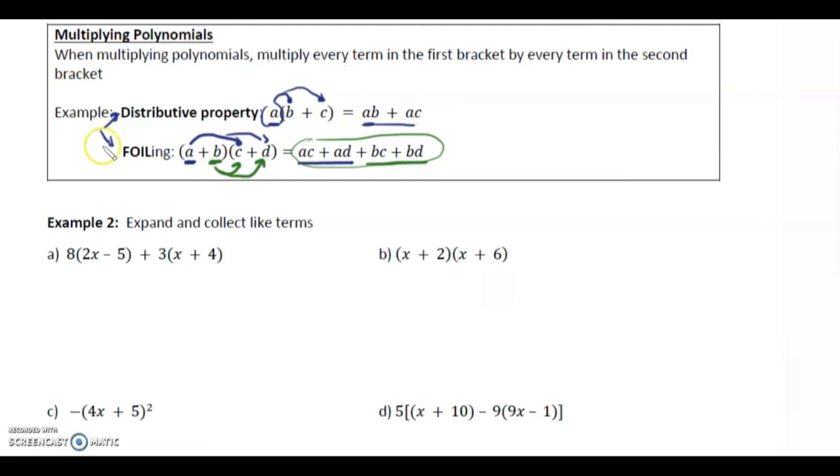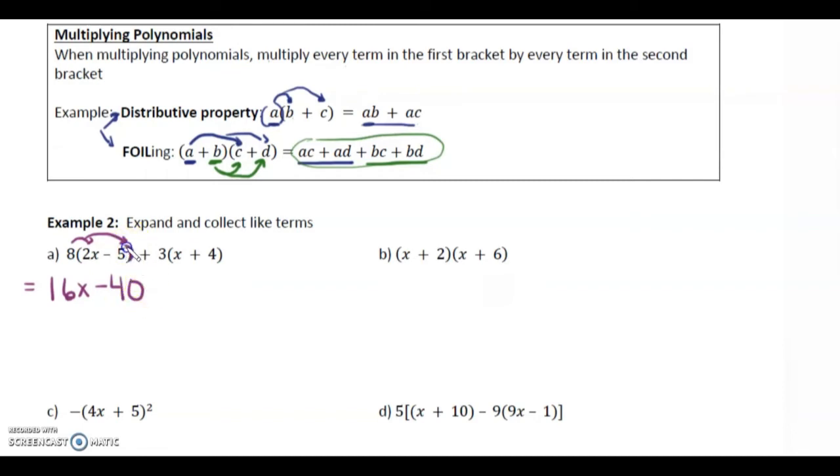All right, let's start example 2, expand and collect like terms. We're going to start with this 8, which is a monomial. We're going to distribute it into this first bracket. So 8 times 2x is 16x. 8 times negative 5 is negative 40.